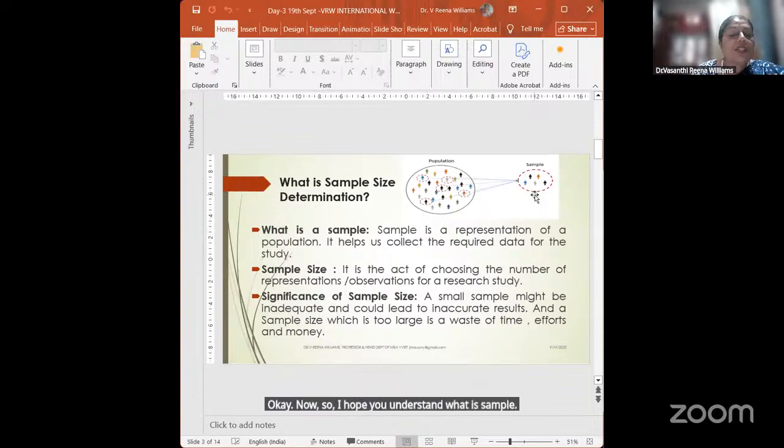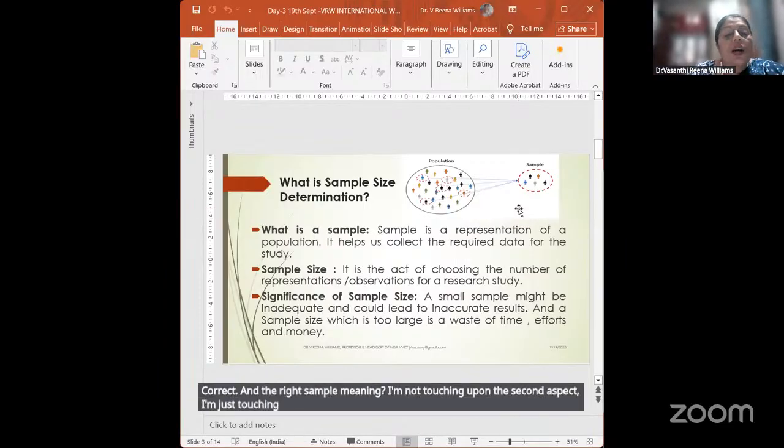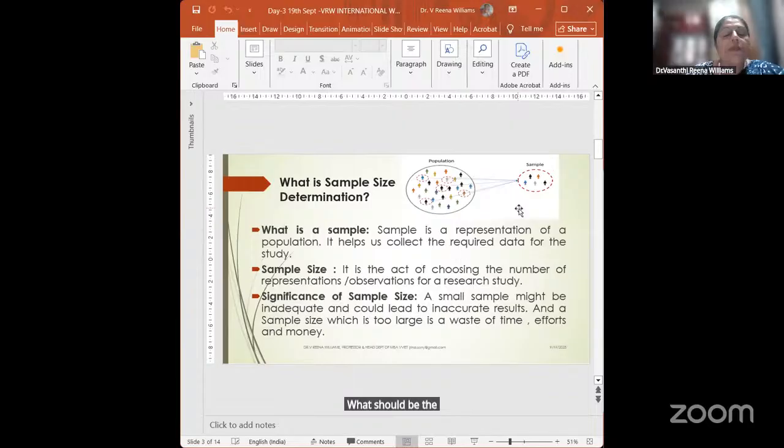Now, taking this forward, we need to understand that we have to choose the right sample. And this right sample meaning, I'm not touching upon the second aspect. I'm just touching upon what should be the number of samples that we consider is important or required for us to ensure that the research that we are conducting is going to give us fruitful results.